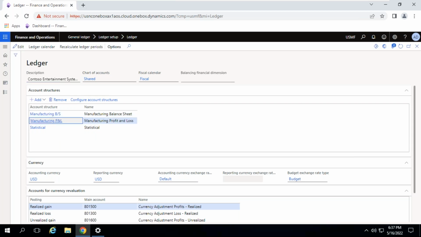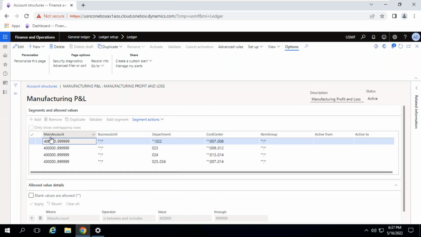If you go to here, the structures are very straightforward. But in a real-time scenario, they will enter some different numbering. If it is not included here, the system will not recognize that account number. Got it? Yes.